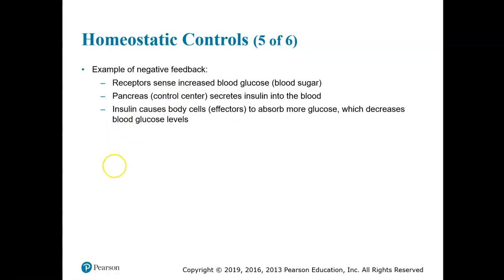That is what it has determined, and the insulin is going to be the command, basically. Insulin is a chemical command. The insulin is going to travel to body cells, and these body cells are usually in our liver. They can also be the muscle cells, our skeletal muscle cells, particularly when we're exercising.